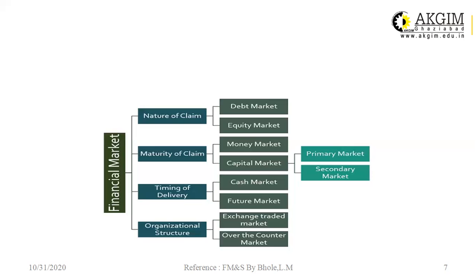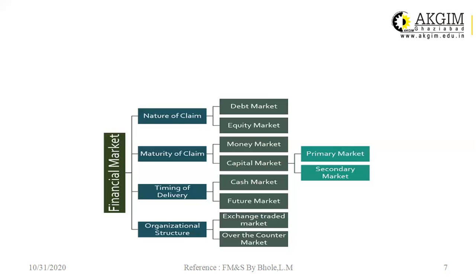The next one is the classification on the basis of the structure or the arrangement. On this basis, financial market can be classified into the organized market and unorganized market. These are the financial markets in which the financial transactions take place within a well-established exchange or in a systematic and orderly structure.